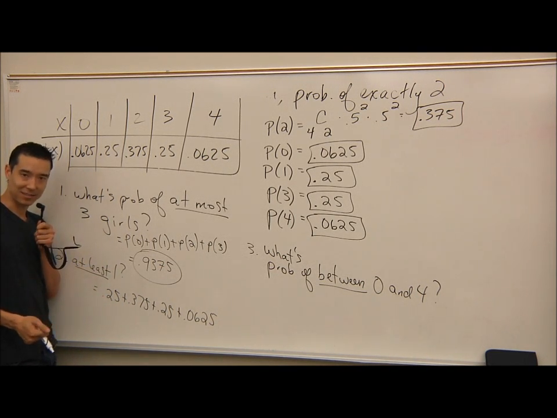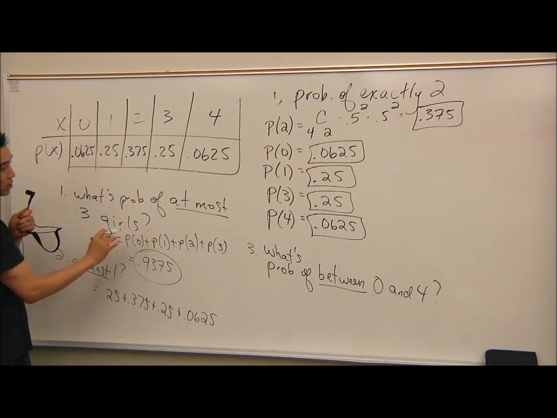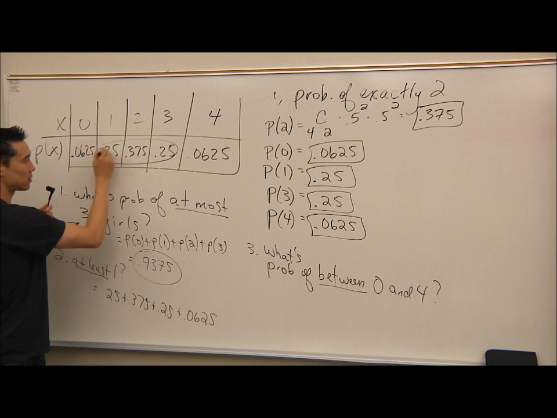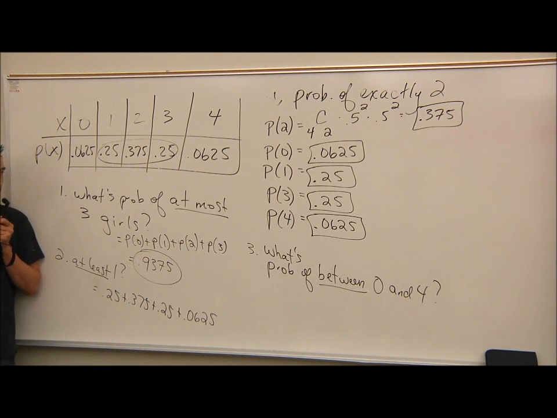Not in math class, okay? So in this question, between 0 and 4 means 1 girl, 2 girls, or 3 girls. So you would be adding up these to solve that question. Okay? So that would help you solve pretty much any question that I ask if I have the whole table sitting in front of me.